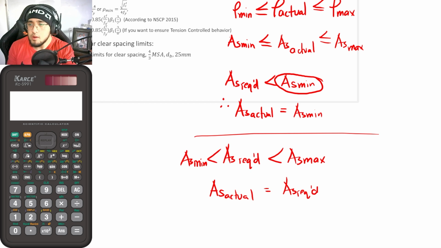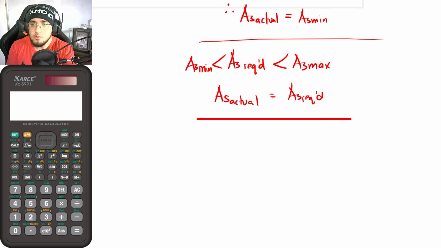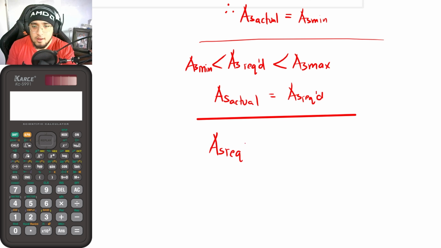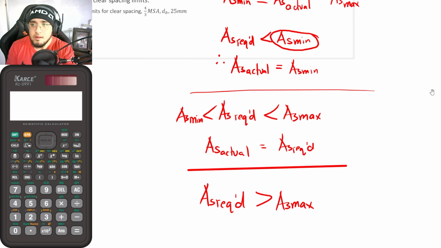So guys, if it is within the limits, you will make use of your AS required. But what if your AS required, the AS that you have solved for, is greater than AS max? Unlike in the earlier situation where you made use of AS min, you cannot make use of AS max.